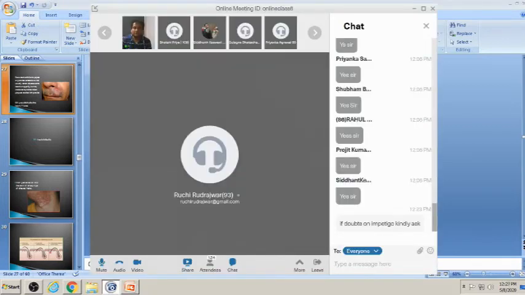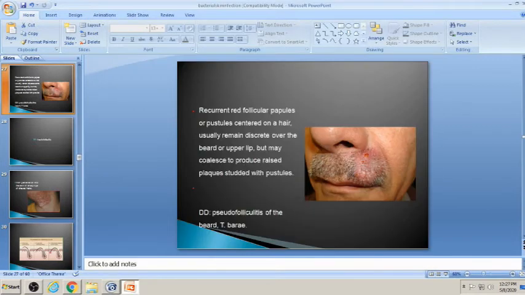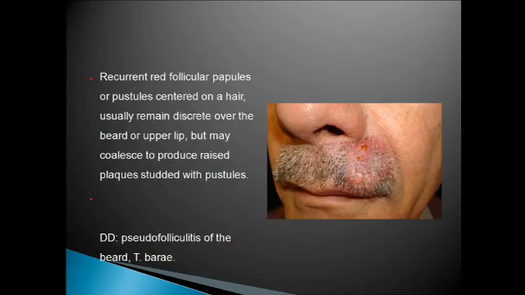Now the next topic we have is pseudofolliculitis. As we know, folliculitis is caused by bacterial infection, either Staphylococcus aureus or Streptococcus. Now pseudofolliculitis is folliculitis without any infection. How is this happening?